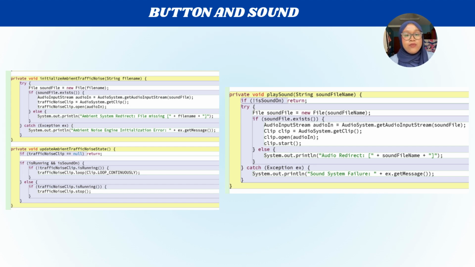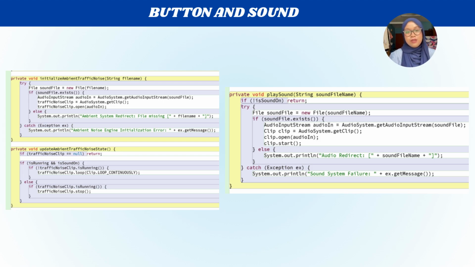So, whenever the simulation status changes, updateAmbientTrafficNoiseState checks our sound toggle button. If the simulation is running and the sound is enabled, it loops the traffic noise continuously using Clip.LOOP_CONTINUOUSLY. And if the user hits pause or mutes the audio, the clip instantly stops.